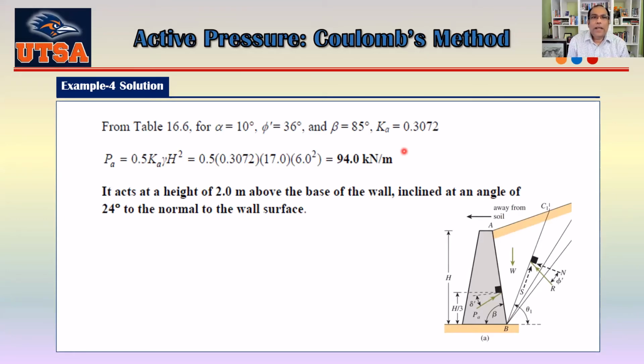But for active pressure with Rankine's method, the force is always parallel to the top surface of the backfill soil. But in Coulomb's case, this is completely different. You can see here this is the line, the internal line that's in touch with the soil. You have to draw a vertical line here. The top one is a horizontal line, and the next one here is actually a vertical line.